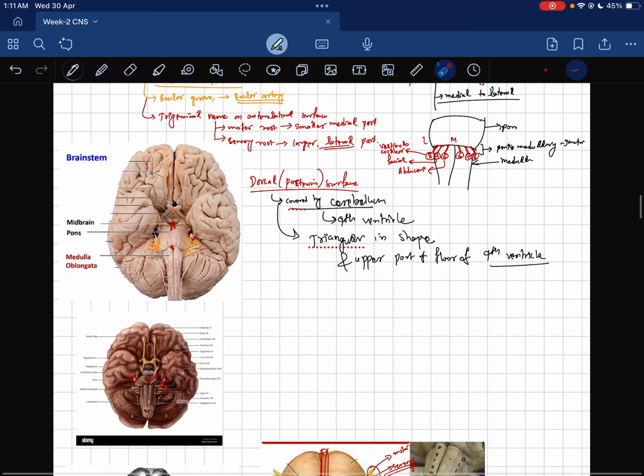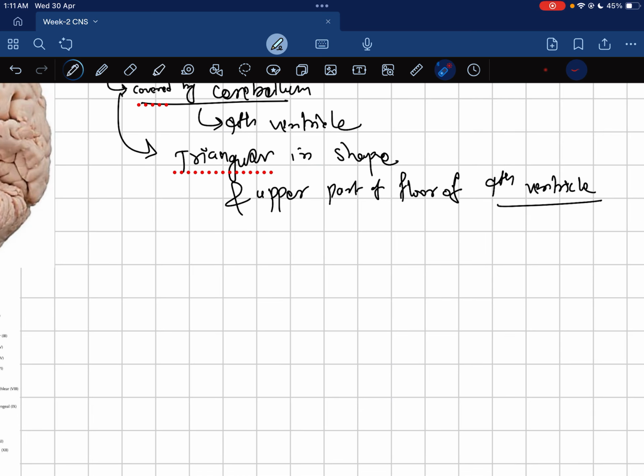Now moving on to the borders. There is a superior border and an inferior border.